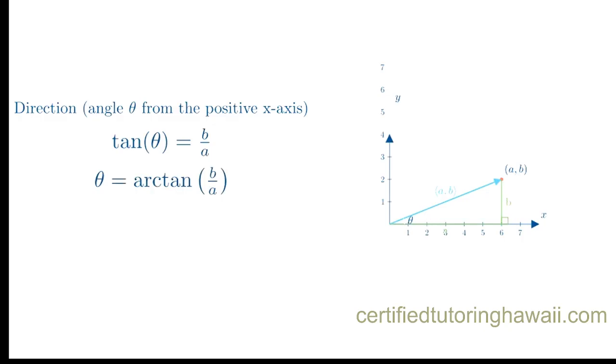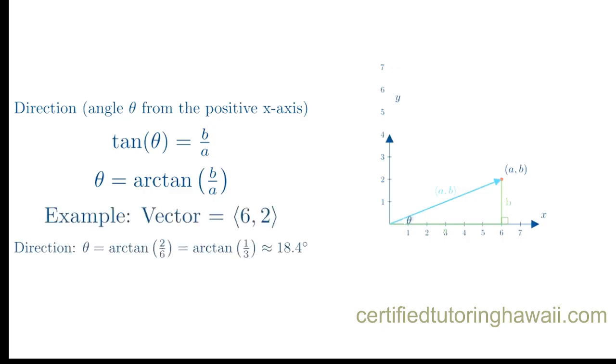It's crucial to consider which quadrant the point (a, b) lies in to ensure you get the correct angle. For our vector ⟨6, 2⟩, the point (6, 2) is in the first quadrant. So, the angle is the inverse tangent of 2 divided by 6, which is approximately 18.4 degrees.